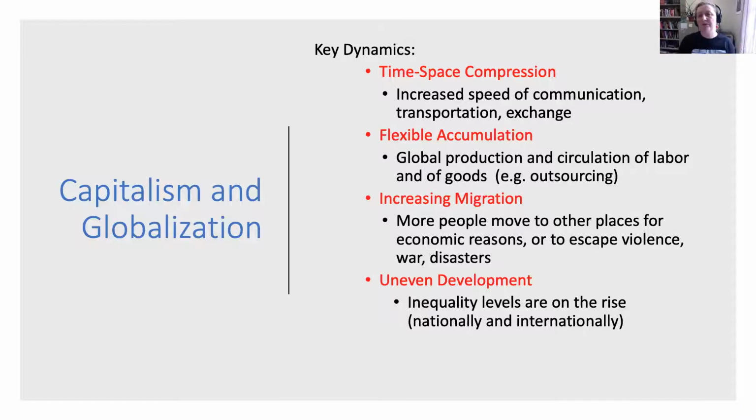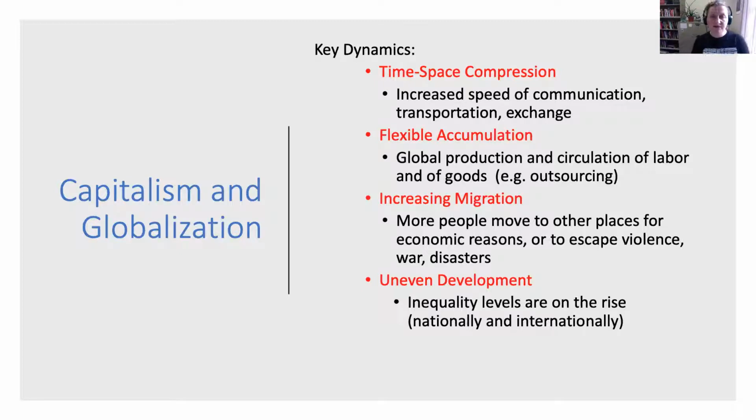That's another example of time-space compression. So basically what Harvey is saying is that it's this time-space compression, caused by the increased speed of communication, transportation, and exchange, that gives us this new phase of globalization, right? Communities and people are connected with each other over really long distances.